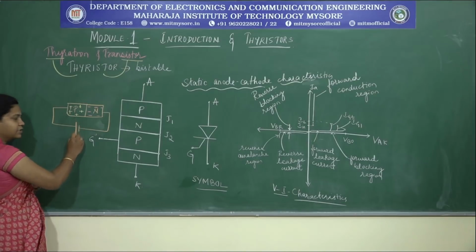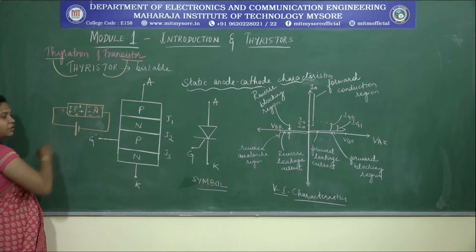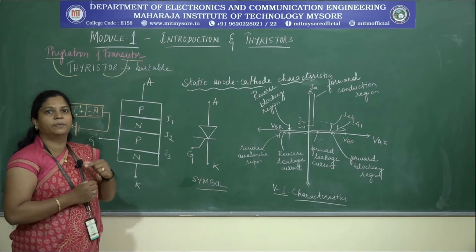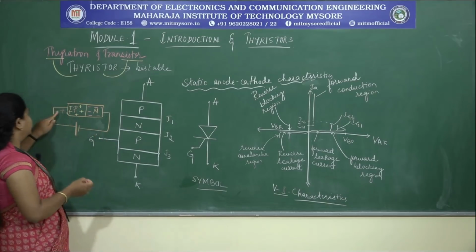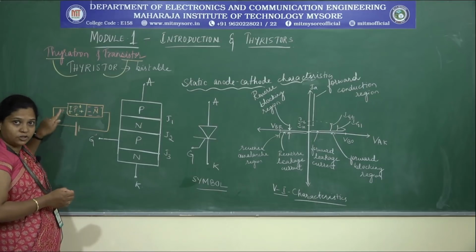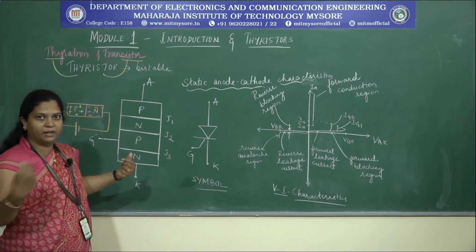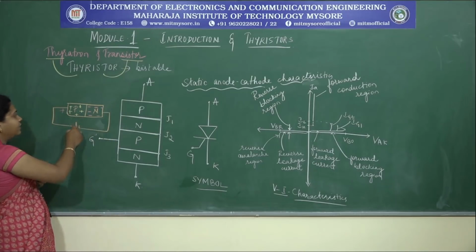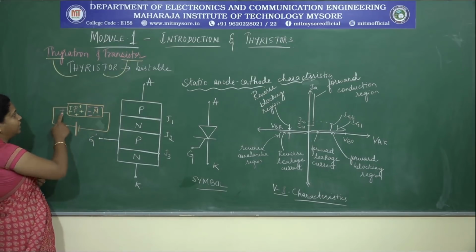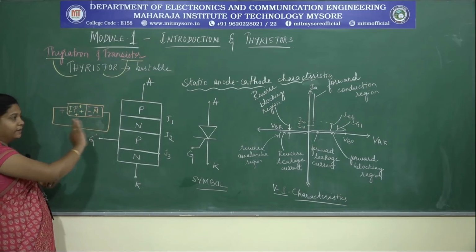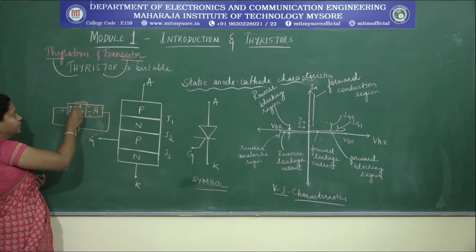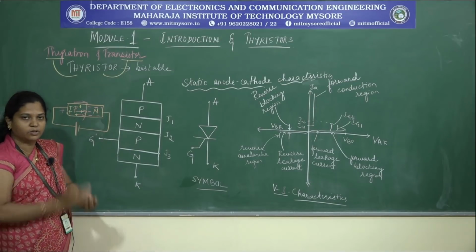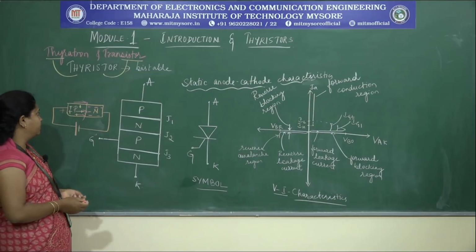Here we have a positive polarity, and positive and positive, we know from the basic law that whenever we have like charges, they repel, move away from each other. That is what is happening here. So when we connect a positive potential, the holes are going to go towards this layer because of the repulsion action.